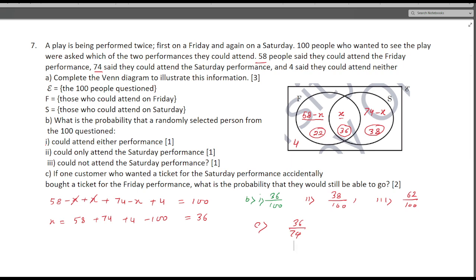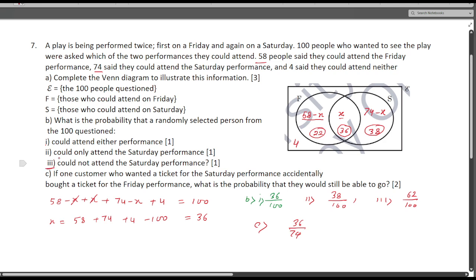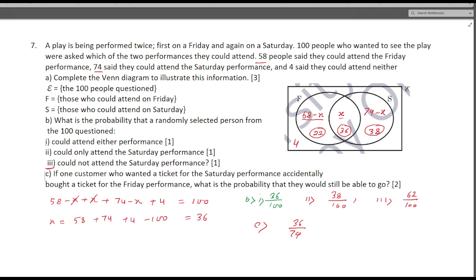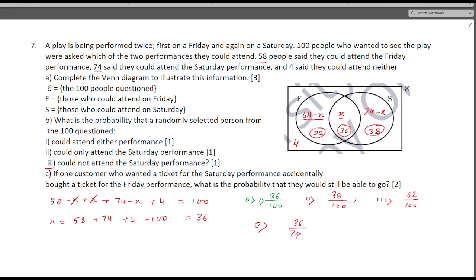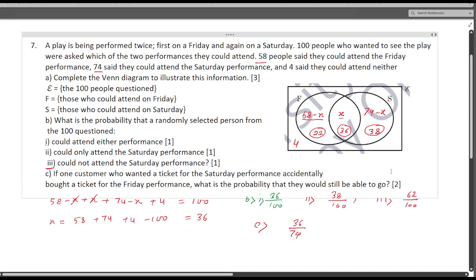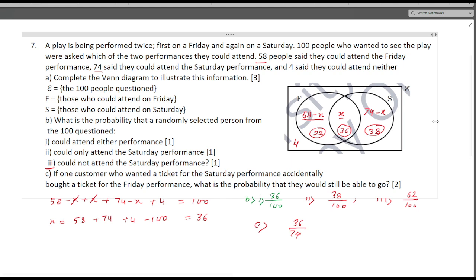Still, I'm confused about this third question of B: could not attend the Saturday performance.